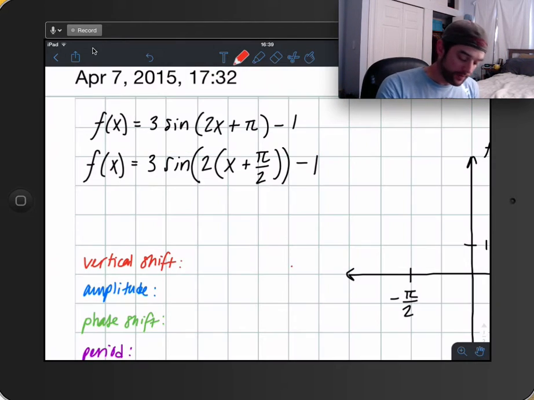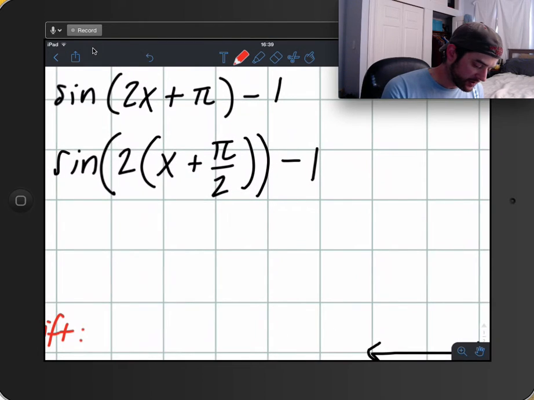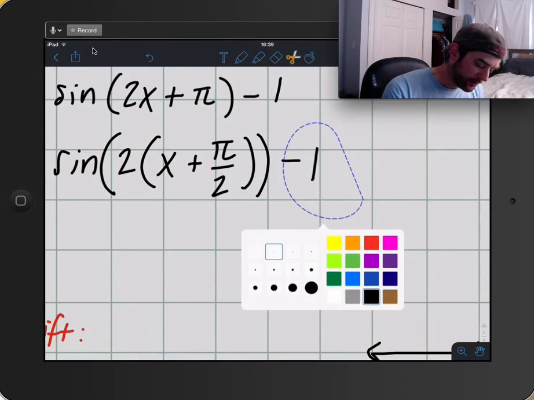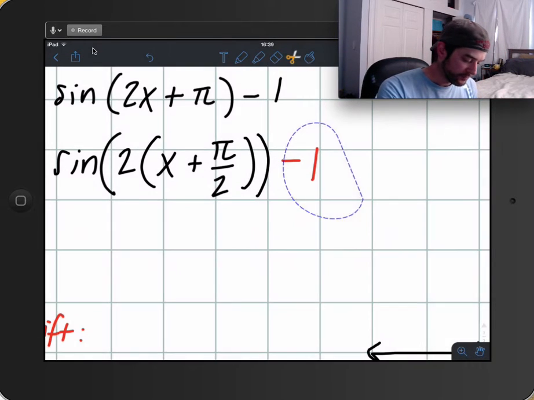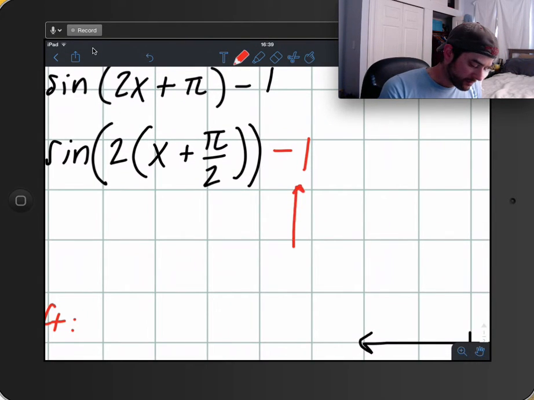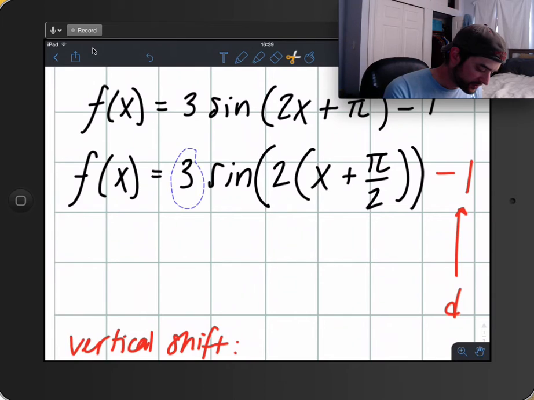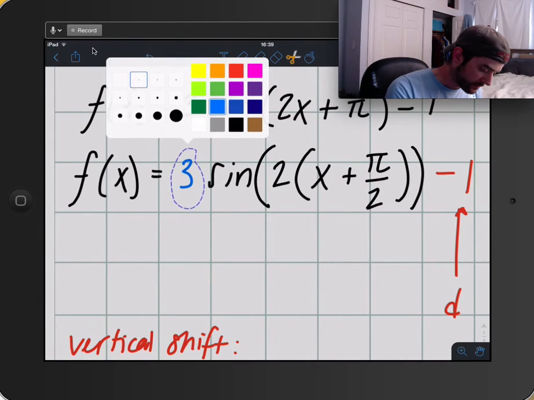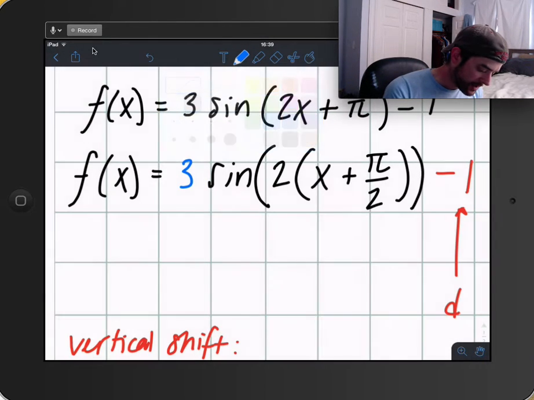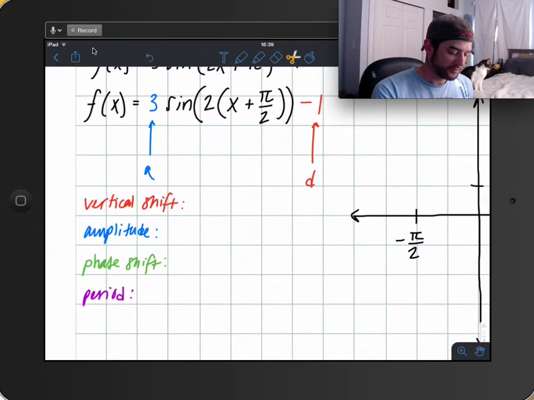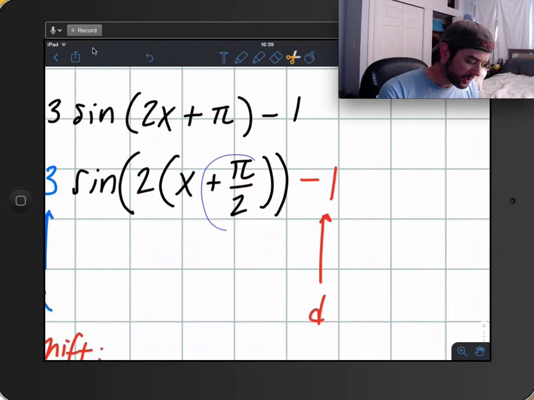In the order I've written them, the first transformation is vertical shift, which we're going to label D. The second one is your amplitude, which is the 3, which we're going to label A. Your third one, phase shift, is plus pi over 2.